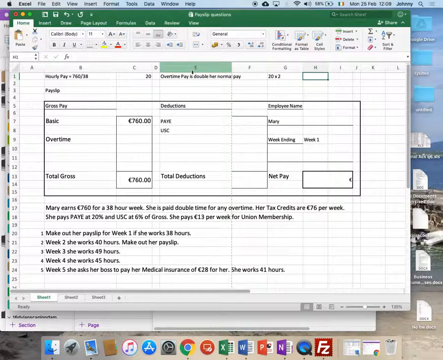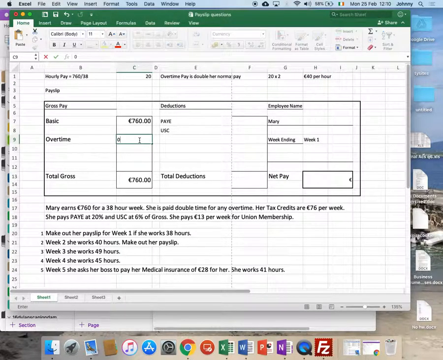That gives us €40 per hour. Is that right? Yeah. Okay. So for week 1, how many hours overtime did she work? 0. So she has 0 overtime. If she worked, let's say 5 hours, it would be 5 multiplied by 40. Okay? So our total gross is our overtime, which is nothing, plus our basic, giving our total gross of 760.